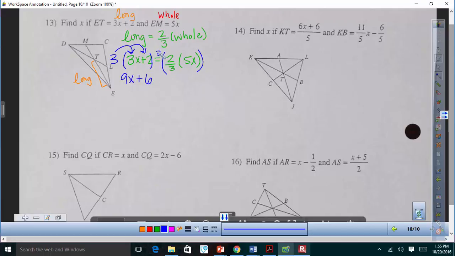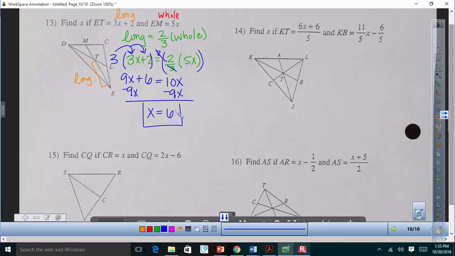And then what was the point of multiplying by 3 over here? To cancel out the 3, so now I just have 2 times 5x. What is 2 times 5x? 10x. Okay, from here it's a simple solving for x. So we subtract 9x, and that gives us x equals 6. Isn't that pretty simple? Okay, a lot of people got really confused, so I wanted to show you that.